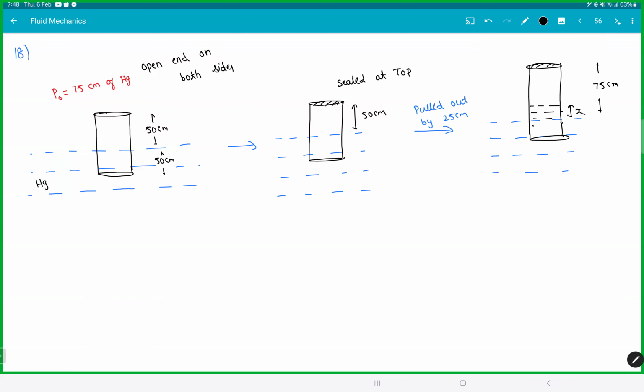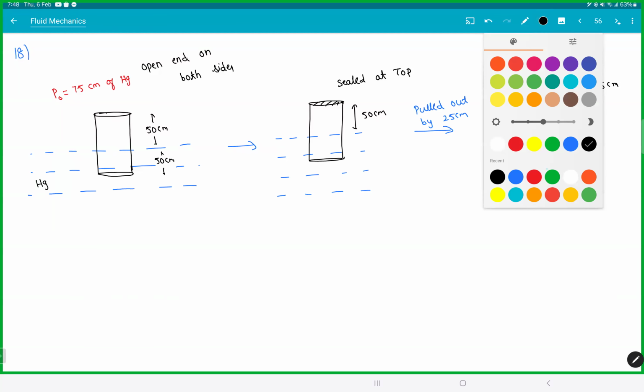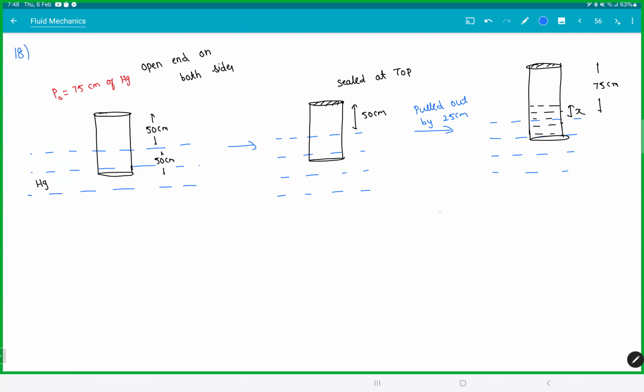You need to figure out why it went up. Liquid level rises by X inside the pipe when it is pulled out by 25 centimeters. Remember, the top is sealed now. Find X.